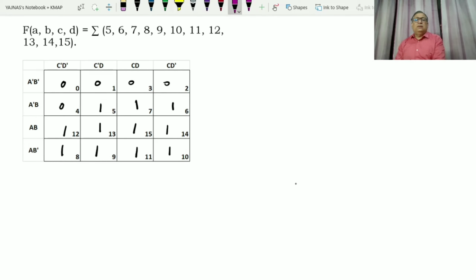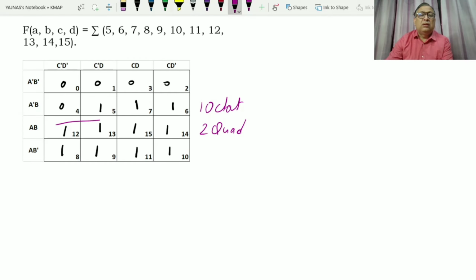Now grouping. How many groups have you observed? One octet and two quads. Everybody got the same thing? This is 1 octet and these are 2 quads.